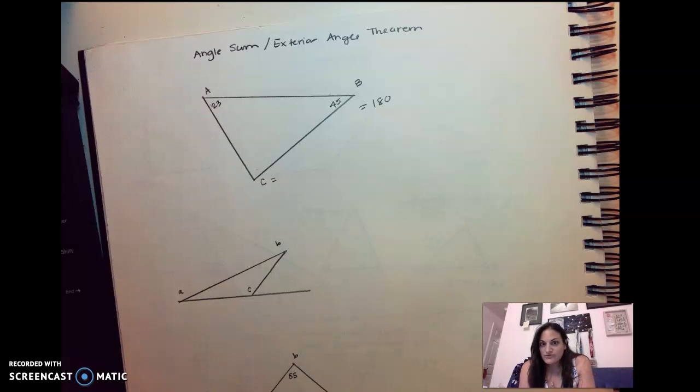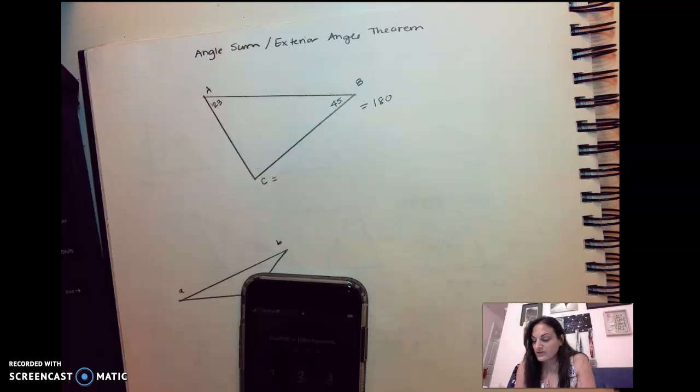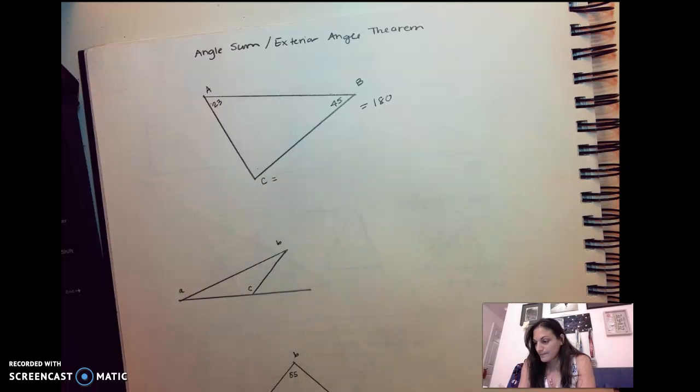We are going to take our trusty calculator, which doesn't like me right now. We are going to open up my calculator app, or we could do it by hand, no problem.